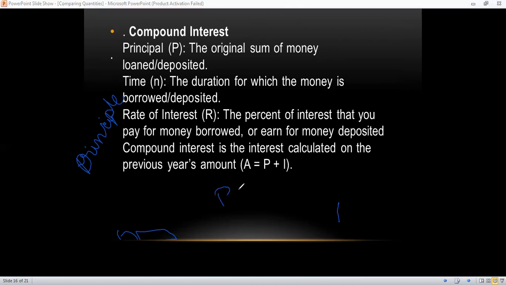Suppose principal, that is the money you have deposited to the bank. Suppose you have deposited 1,000 rupees for 3 years. So the bank will take interest for keeping this money.